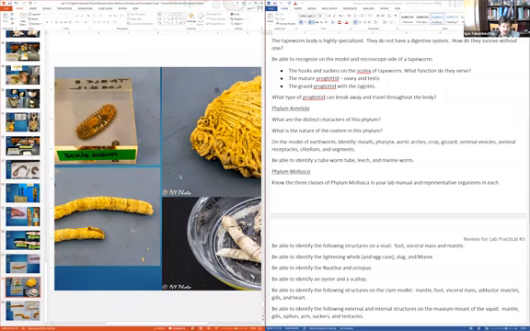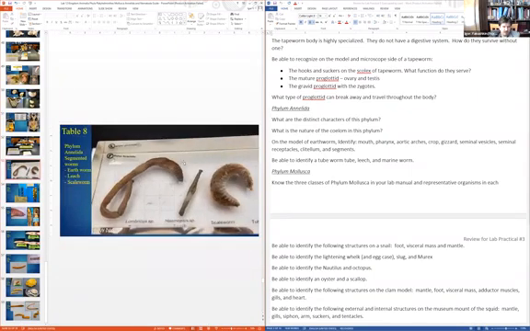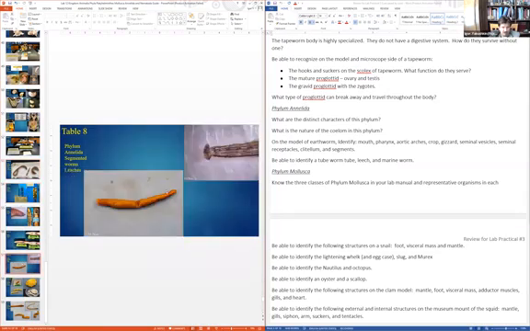It can be on the hull of ships also. Let me decrease the magnification. So here we're looking at the earthworm, a leech, and the scale worm, which is a marine polychaete. Again, we're looking at the leech right here, and then the marine worms and the earthworm.